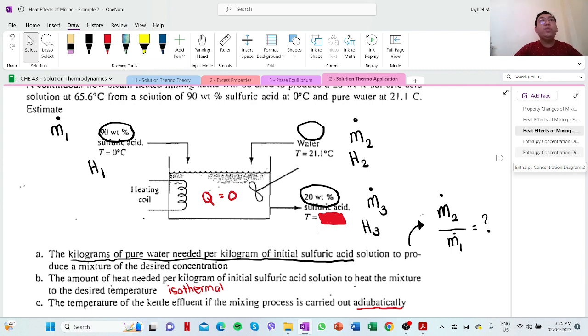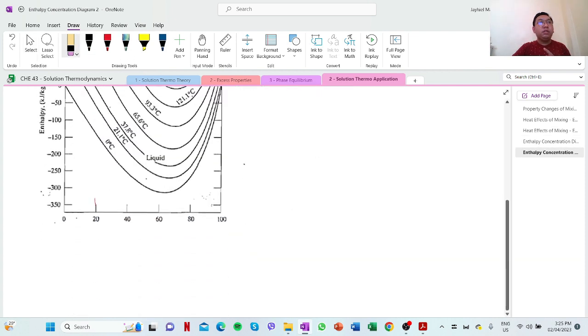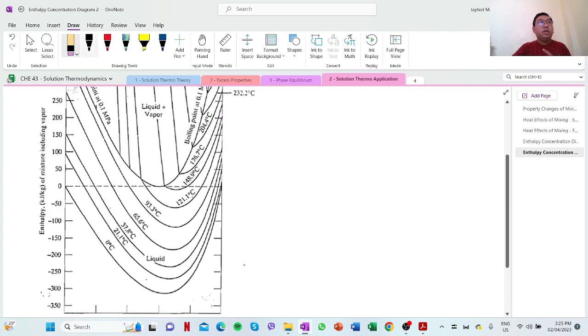So the temperature will change in response to the adiabatic process. So for this one, what you're going to do is plot where the 90 weight percent at 0 degrees Celsius is located in the enthalpy concentration diagram. For this one, you are going to delete all the. So the 90 as presented earlier, what was that?